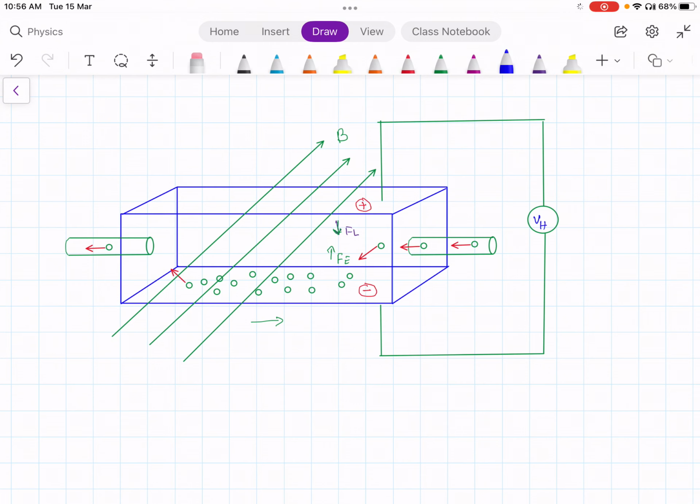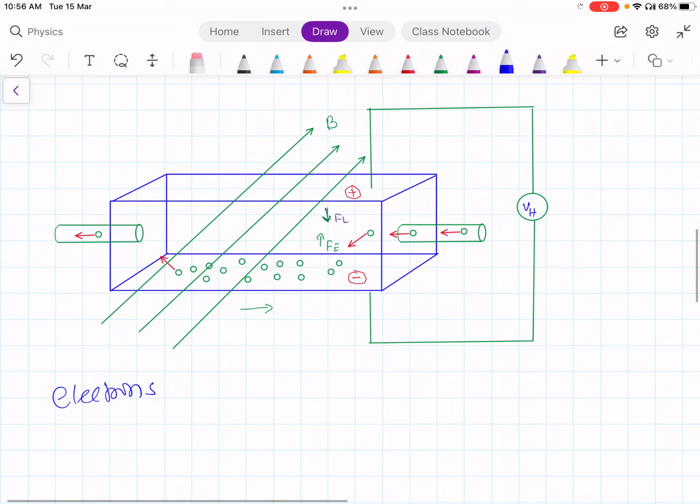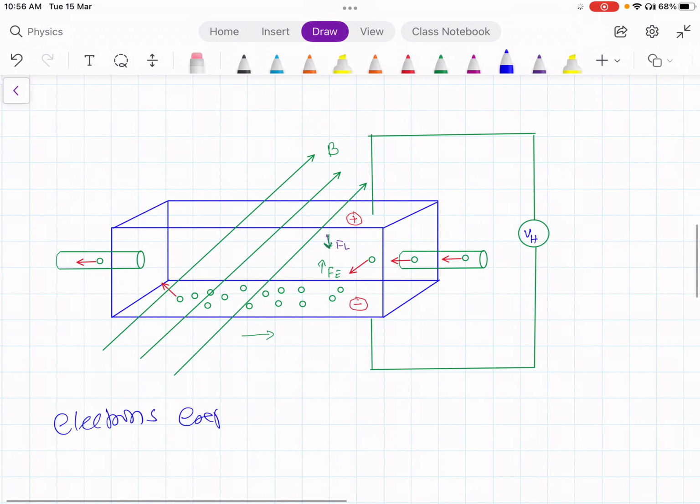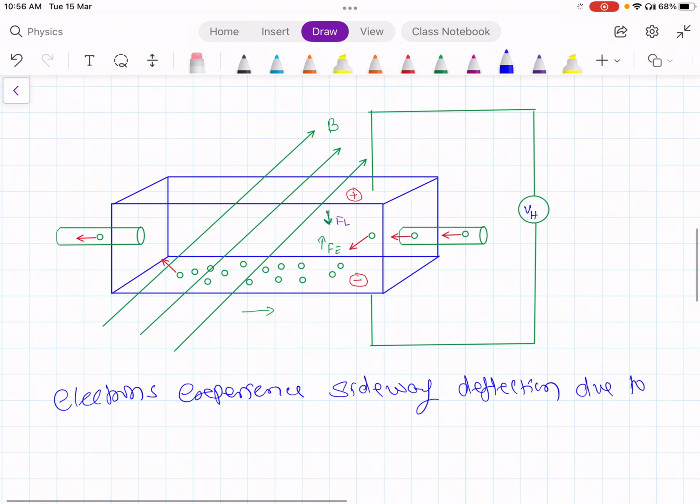Then when magnetic field is applied, the electrons which were moving parallel to the top and bottom surface will experience Lorentz force. So what happens then? Electrons experience sideway deflection due to Lorentz force.